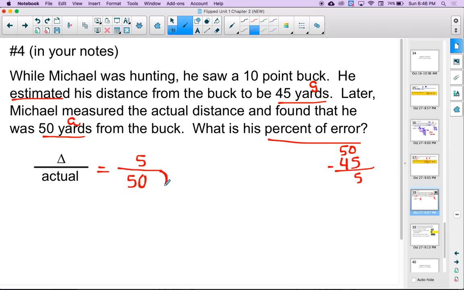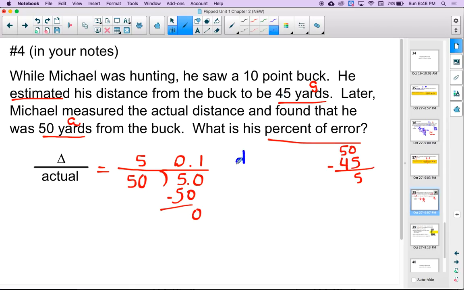And we want to turn that into a percent. So we drop the 5 into the house and we do some division. 50 does not go into 5, but it does go into 50 one time. 1 times 50 is 50. This is a much easier math problem than the last one. So I've got my decimal here, 0.1.